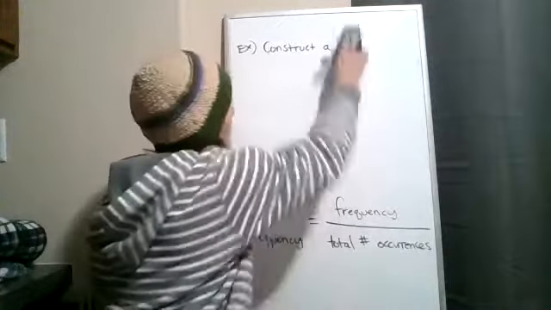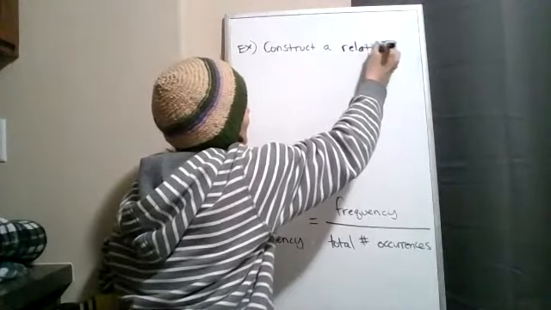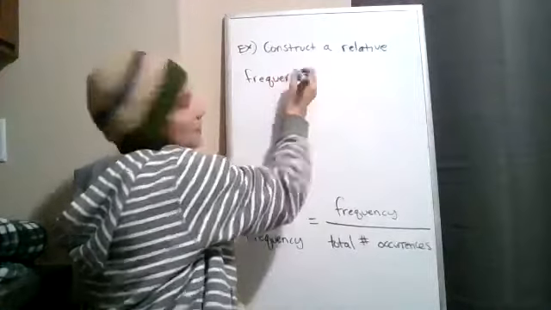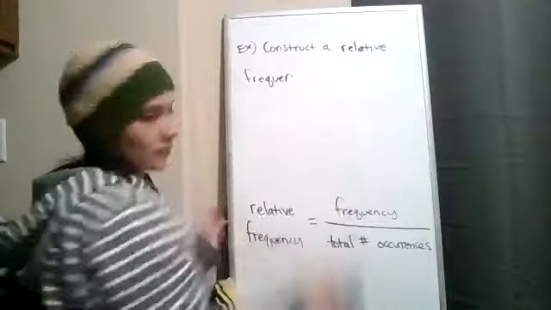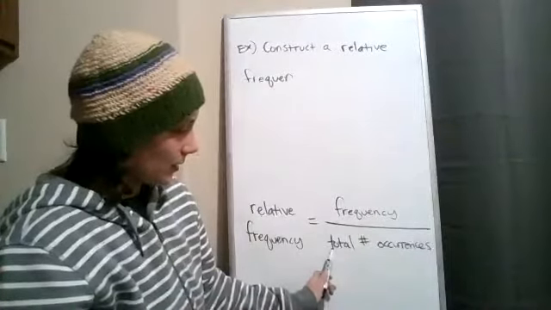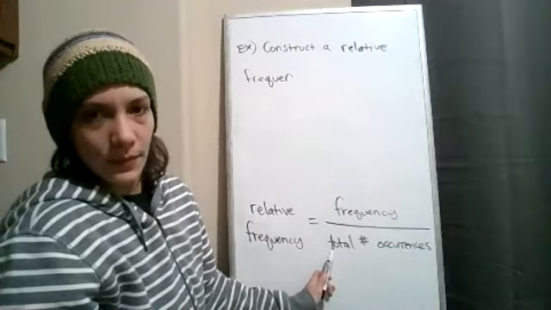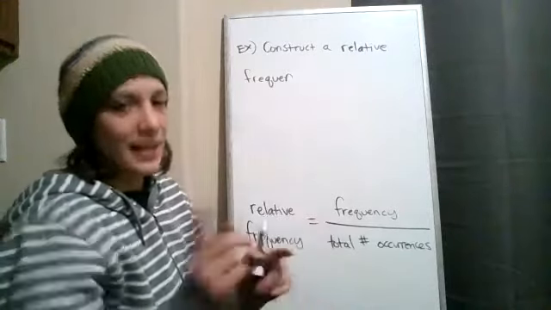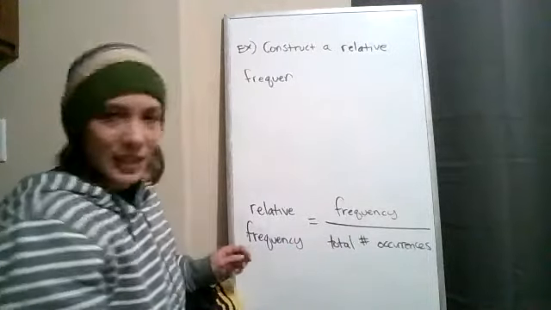Professor, is the total number of occurrences, in other words the denominator, the total number of numbers in the set, not just specific to 0, 1, 2, because that would be the frequency, right? Yeah, everything in this set. Thank you.